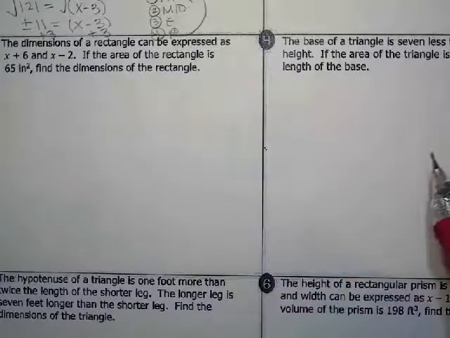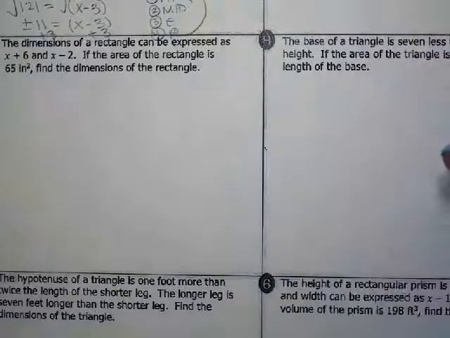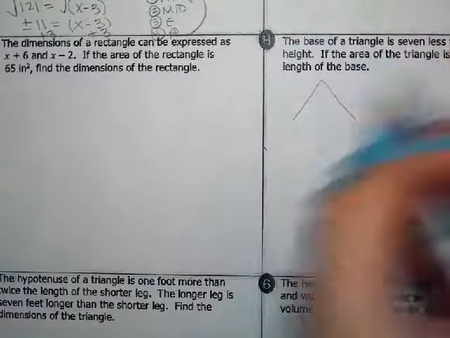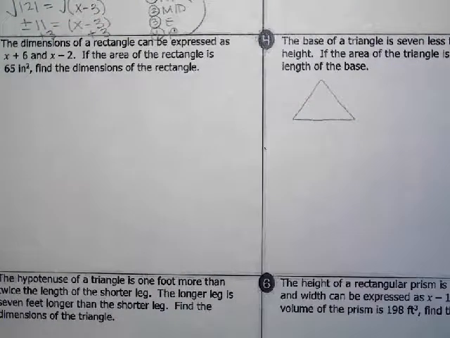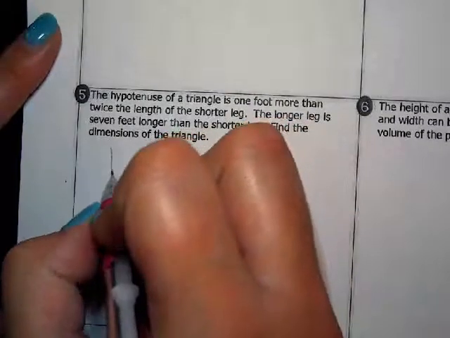It's not gonna matter, and I'll show you why. We'll draw a picture for both, and then I'll show you why it doesn't matter. Okay. So let's go ahead and draw this as just a regular triangle. And then for number 5, let's draw this as a triangle that's a right triangle.